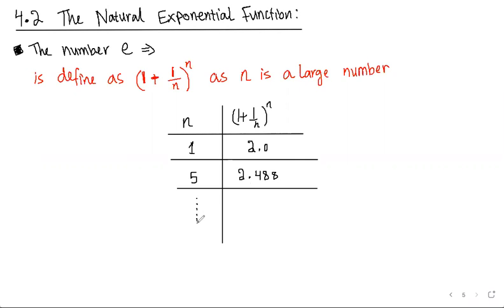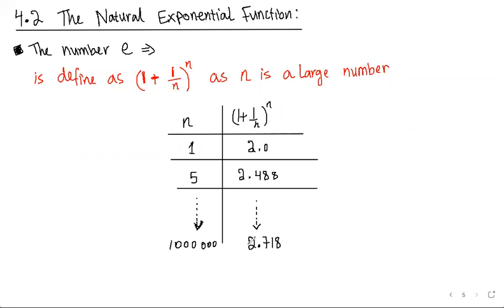And when I go to large numbers, for example, like 1000, or a million, big numbers, the answer here will be around 2.718.